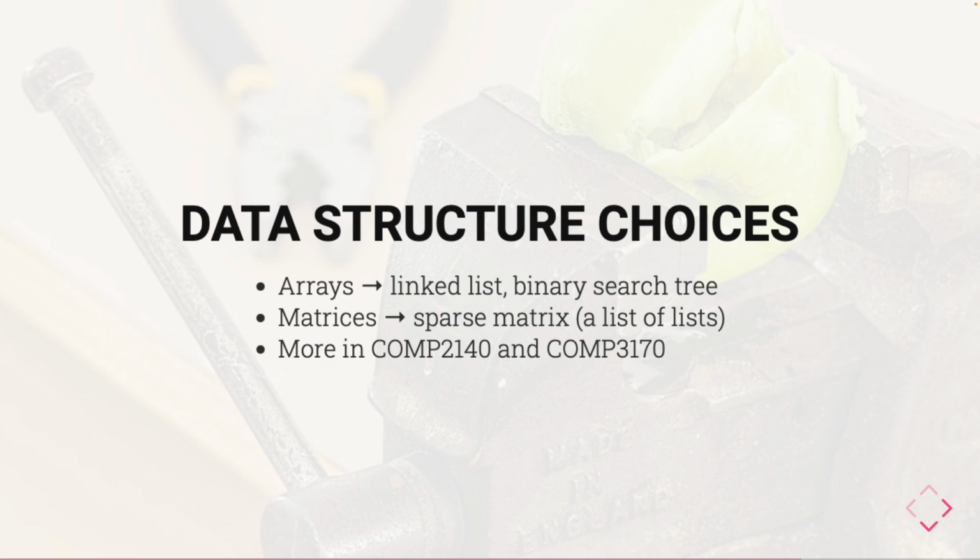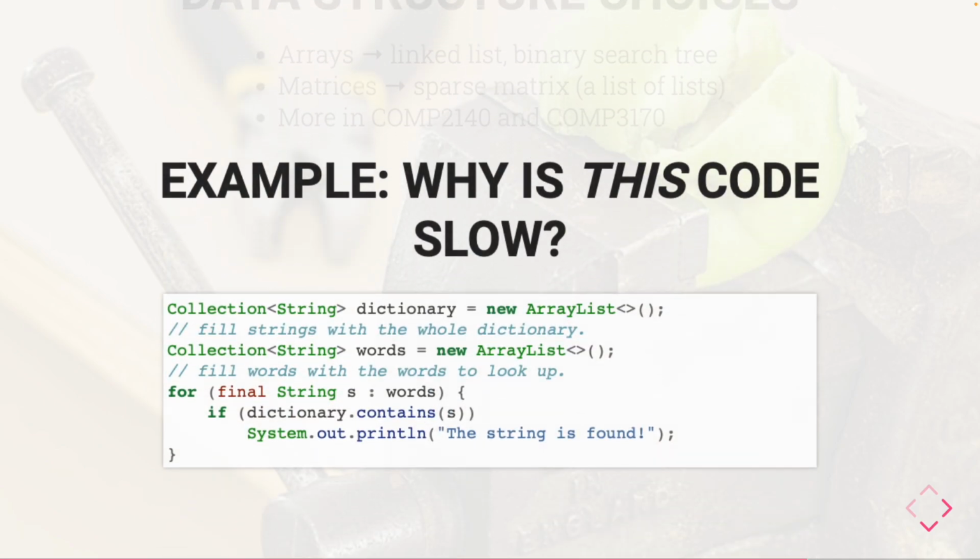More, of course, in Comp 2140, which should be winding down right now, and Comp 3170, the sequel to analysis of algorithms and data structures, where you'll learn more about this sort of stuff.